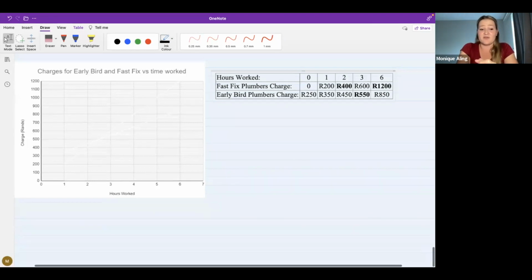You can get up to 7 marks for a graph. Let me know if you need help with the graph or you're still setting it up.